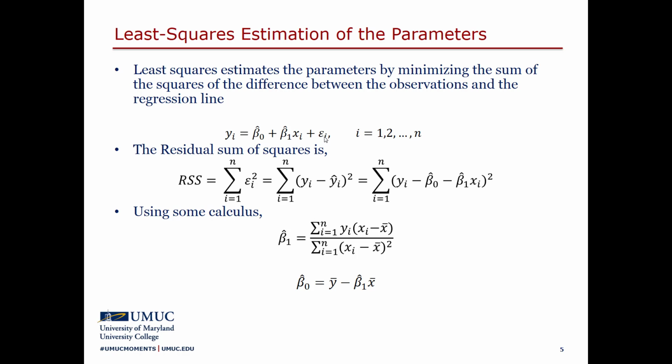That means the difference between the observed value and the value on the corresponding regression line. So the i is the index for the observation. So least squares regression is minimizing the residual sum of squares, which is nothing but the difference between the observed value and the estimated value of the response. And we square the difference, we sum over all the observations, and we try to minimize that.